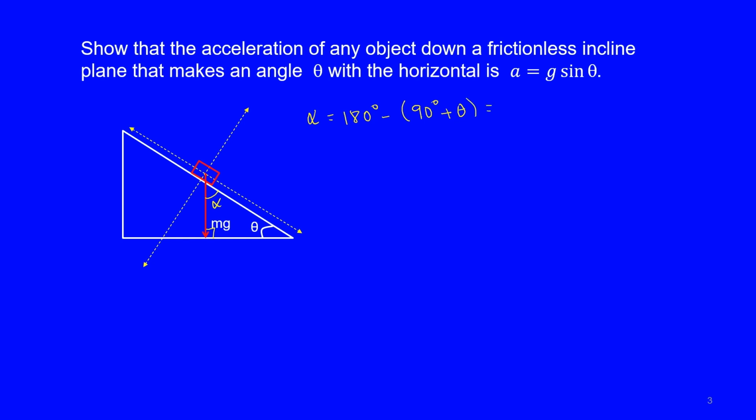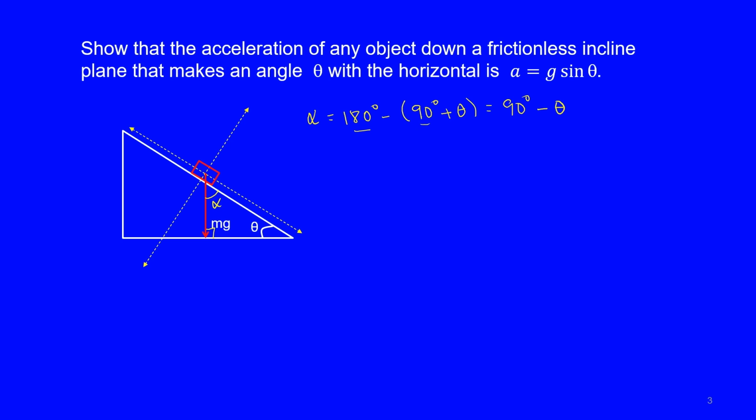Therefore 180 degrees minus 90 is 90, and we have a negative sign here, therefore theta will be negative. So alpha is 90 degrees minus theta.